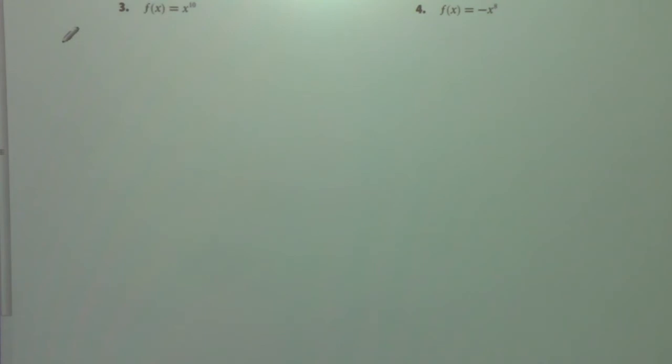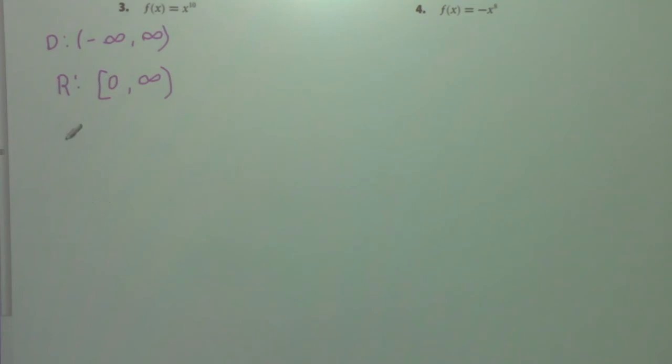Chloe, what do we got here for our domain? So like this? What about a range? Isn't it 0 to infinity? So like that, like bracket here, parentheses here, okay, that's the range.